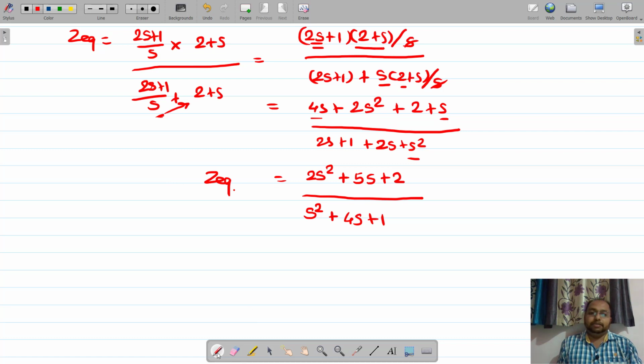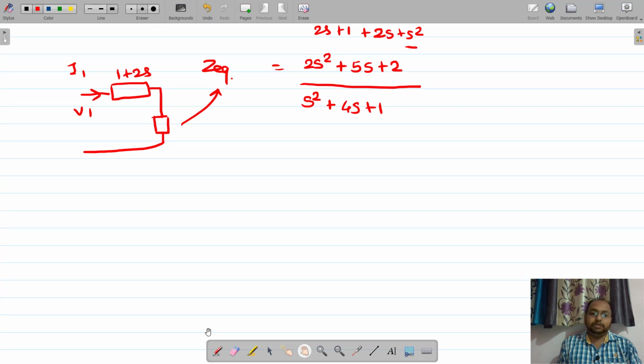This is your new circuit diagram after modification. It is 1 plus 2S, and this is this one. Now let us apply KVL to the given circuit.